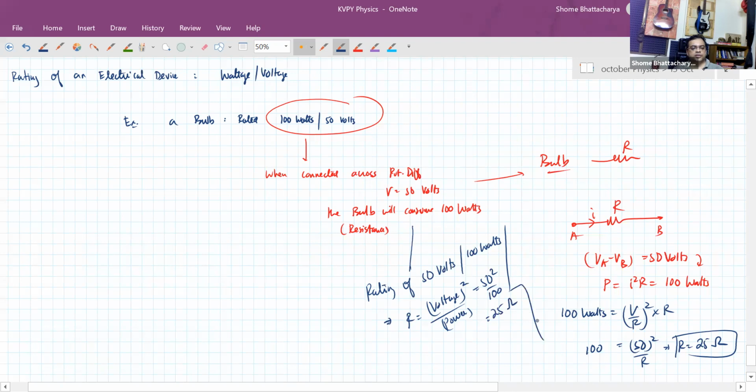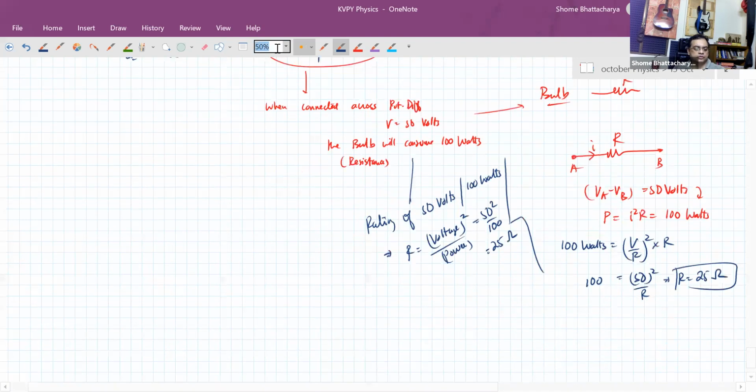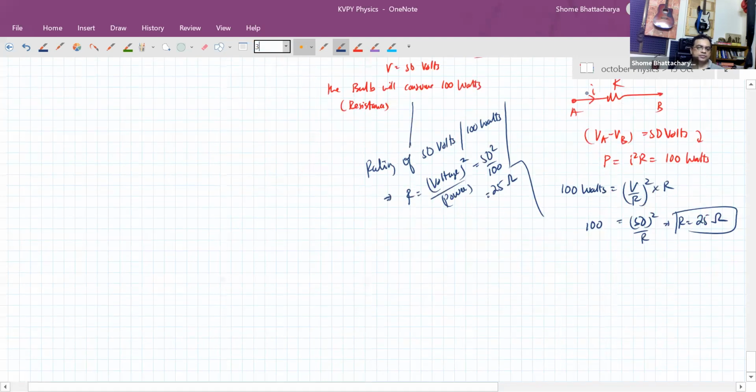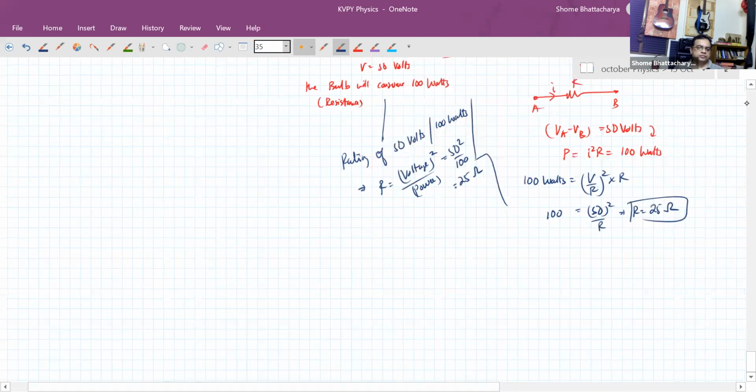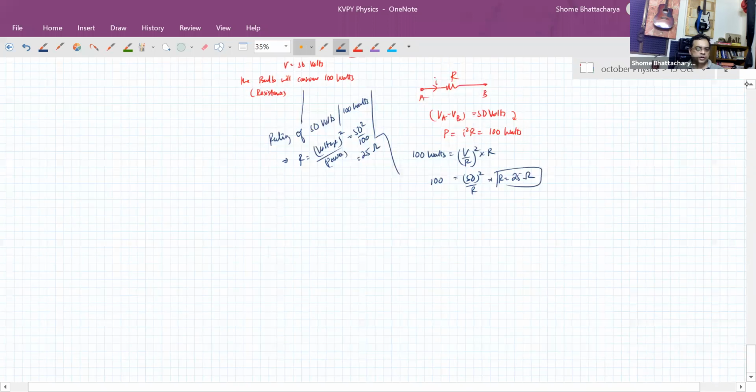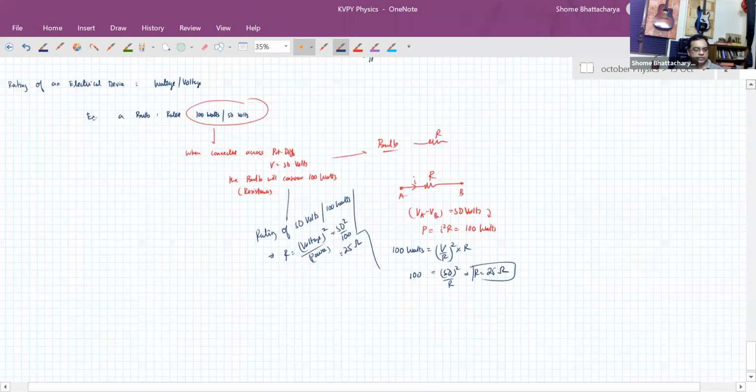This is the meaning of rating. Now you might see questions of this type, so how to handle these questions, that's the thing we have to learn.